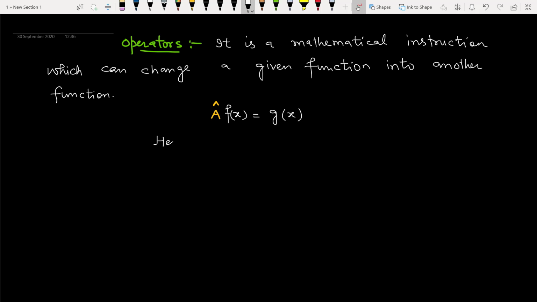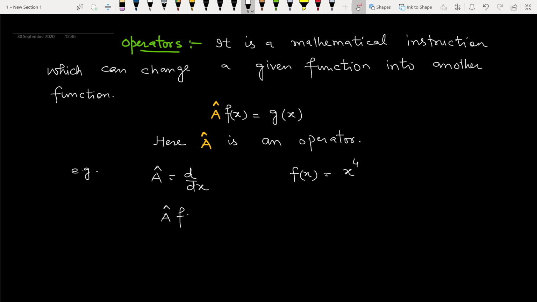So here A cap is an operator. For example, if we have an operator d/dx and our function is x raised to power 4, then operator A operated on function f(x) means d/dx of x raised to power 4.